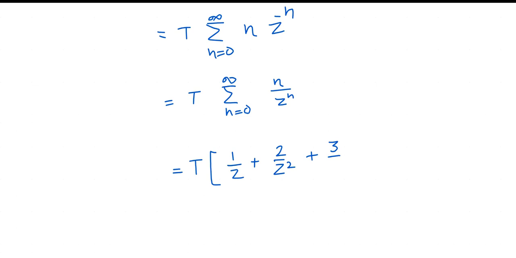Obviously we will have the first term 0, and the next term we have 1 upon z, you got, and 2 upon z square, 3 upon z cube, plus up to infinity.